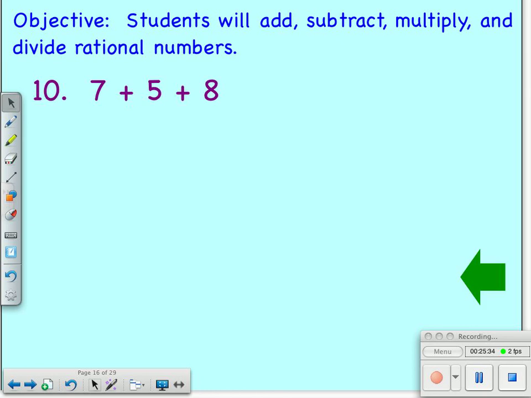Now we have 3 terms in this problem. The terms are 7, 5, and 8. So, we'll take these two first. 7 plus 5 is 12. Bring down the plus 8. 12 plus 8 is 20. And these are all additions, so we can say sum for all of them.